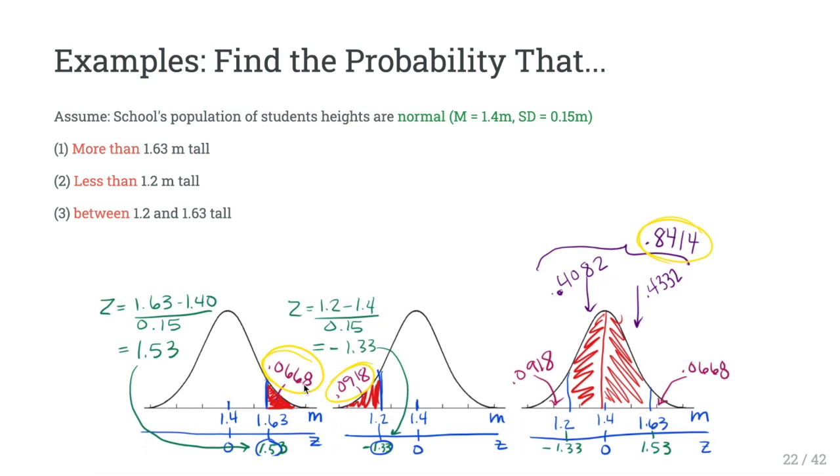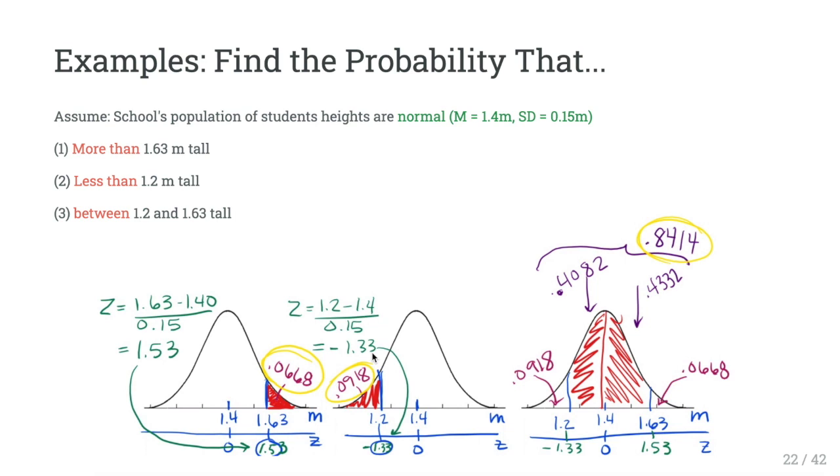Now similarly, when you ask the question less than, we're still going to find the z-score, going to find where it is, and this time we're getting a negative z-score. So our z is negative 1.33, which tells us we're now below the mean. So here, when it's negative, in the table, you can find the positive value of that.